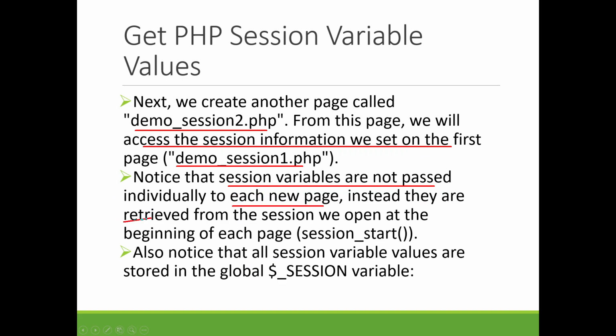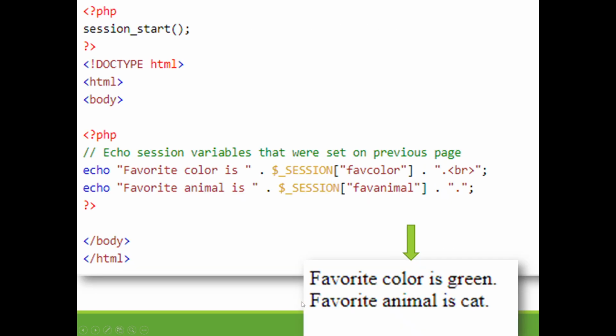Instead, they are retrieved from the session we opened at the beginning of each page, using the session_start function. Also notice that all the session variable values are stored in the $_SESSION super global.